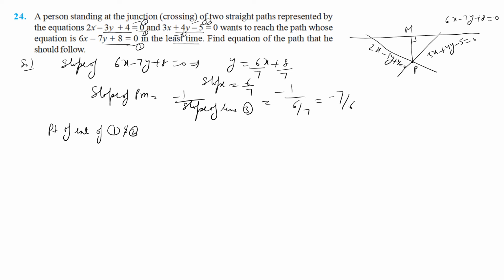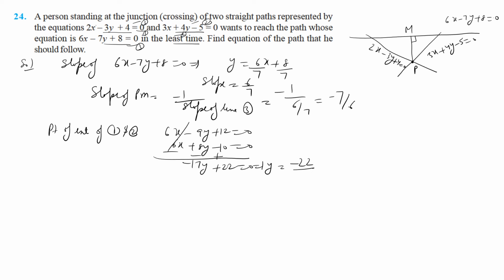So it will be 6x minus 9y plus 12 equal to 0, and 6x plus 8y minus 10 equal to 0. Subtracting, it is minus 17y plus 22 equal to 0, which implies minus 17y is equal to minus 22, so y is 22 by 17.